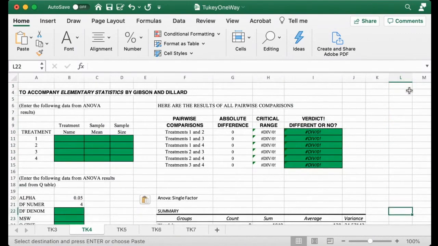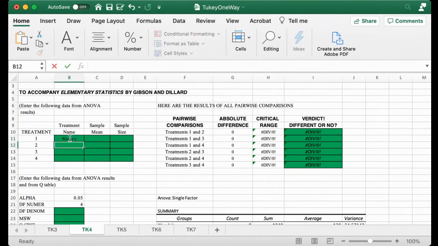Okay, you're going to have to listen to me because I guess you can see me, but everywhere there's green, I have to put something inside on this Tukey sheet. Treatment name. Those are going to be the names of the groups. So let's put in Wendy's. You have to put them in the right order.